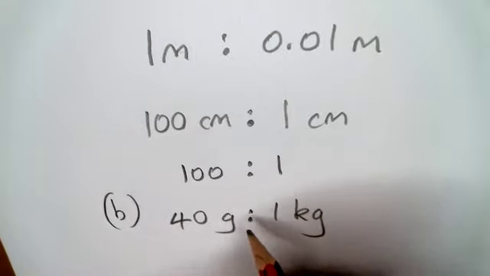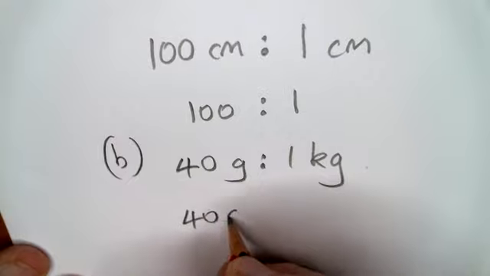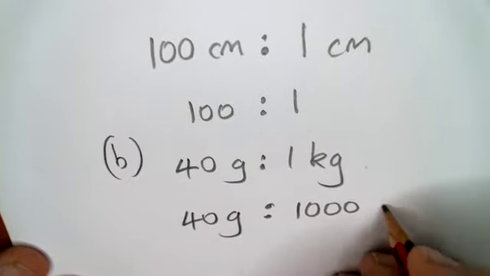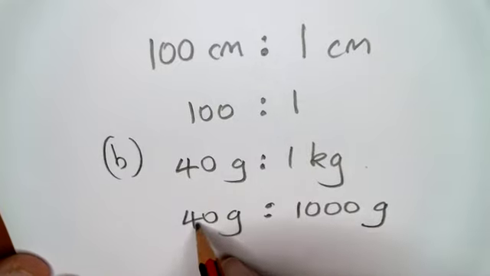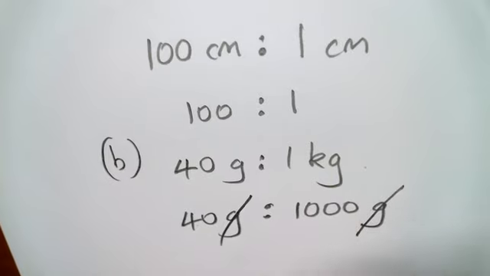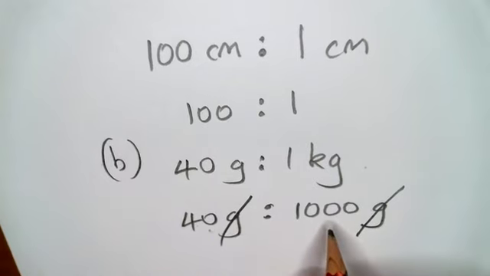So 40 grams stays 40 grams, but if I turn kilograms into grams, I get 1,000 of these. So that's 40 to 1,000. At this point, I'm going to get rid of the grams. I don't like to have units when I write ratios. So I've got 40 to 1,000.